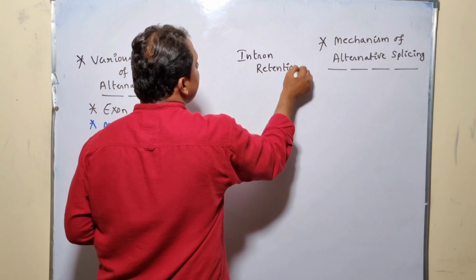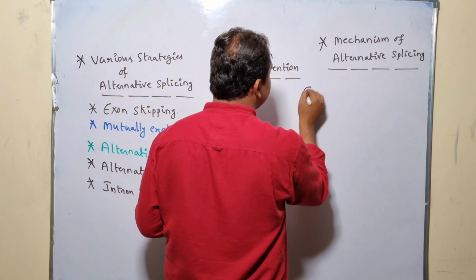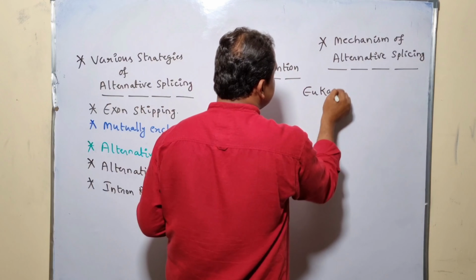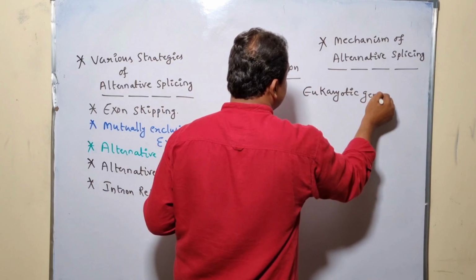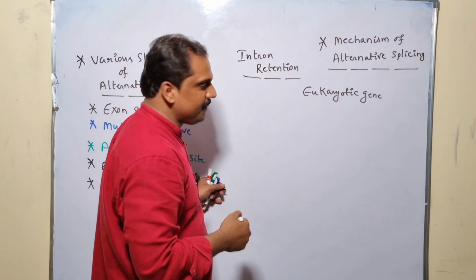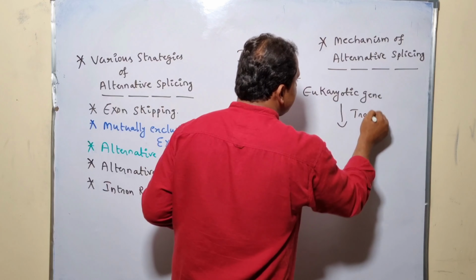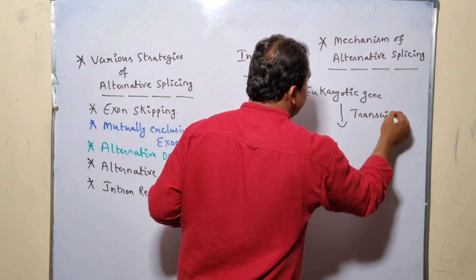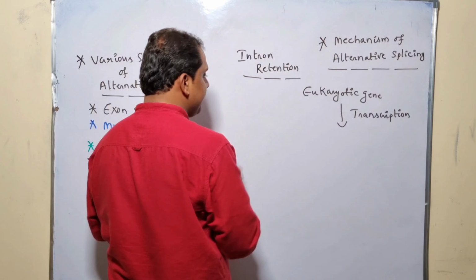So what is the meaning of intron retention? So once a eukaryotic gene undergoes expression, is it clear? During the transcription mechanism, it synthesizes a primary transcript, right? Primary transcript.